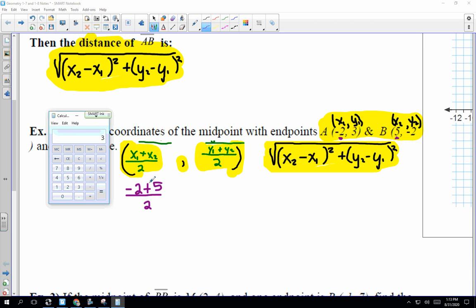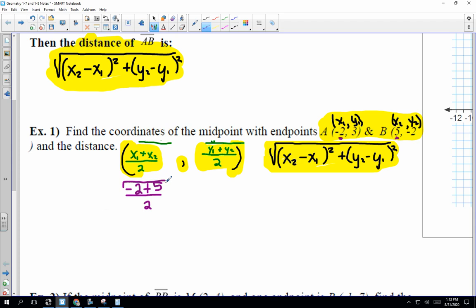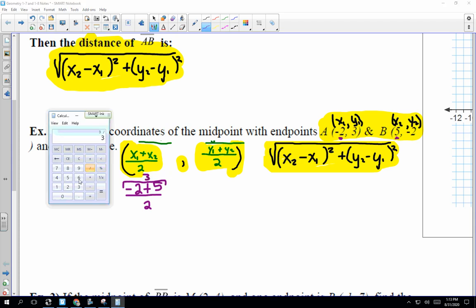So I want to make sure you get the right answer, and then there's no reason not to have this done correctly. Okay, so this guy, -2 plus 5, is 3, and 3 divided by 2 is 1.5.